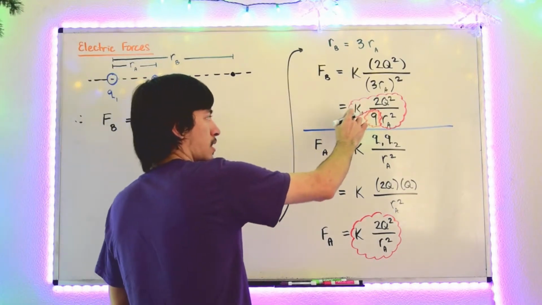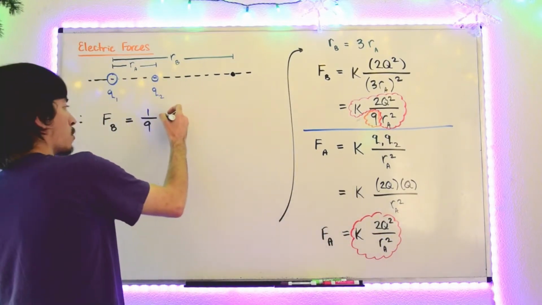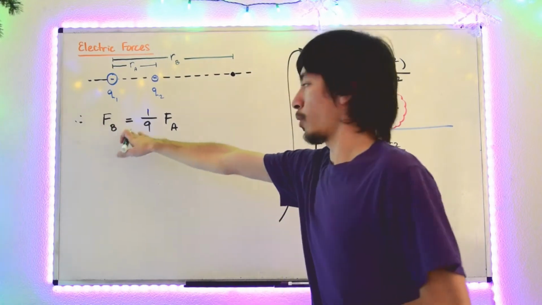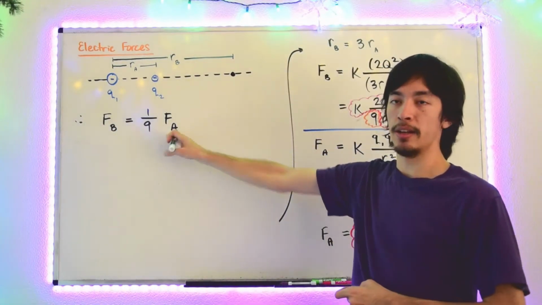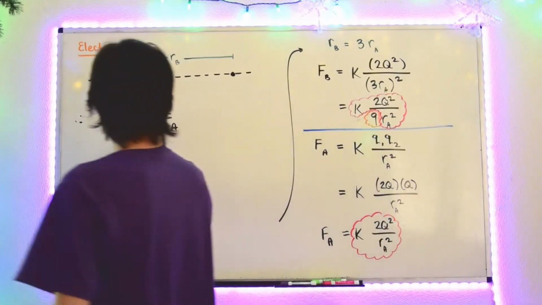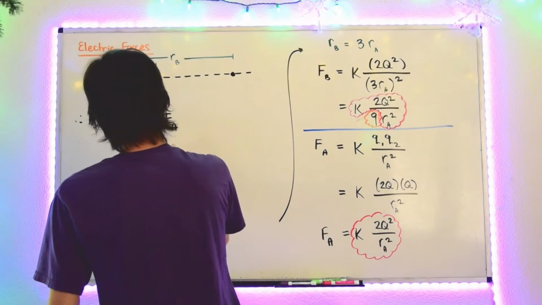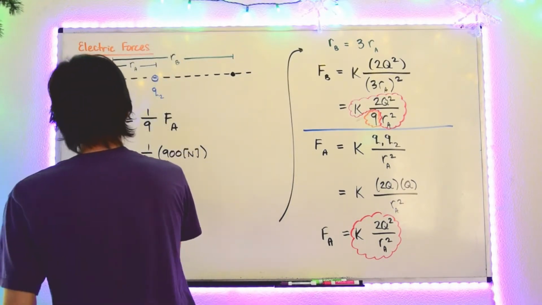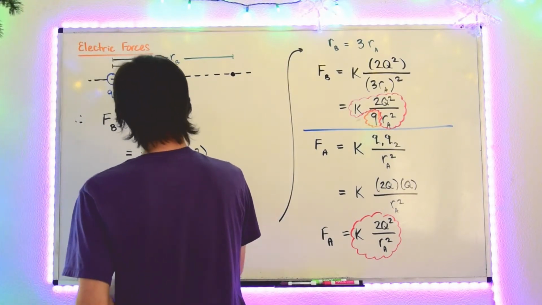And all the rest of this stuff in red is the force in A. So force A. That's it. So the force in B is 1/9 the force in A. In terms of the values we have, it's 1/9 of 900, which conveniently makes this force B 100 newtons.